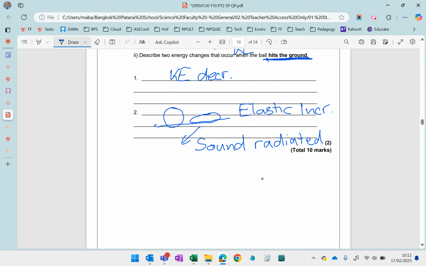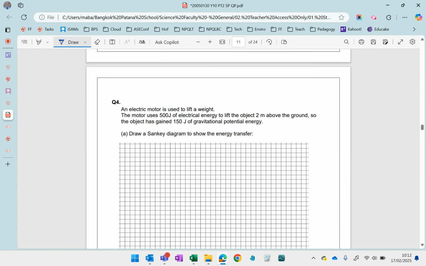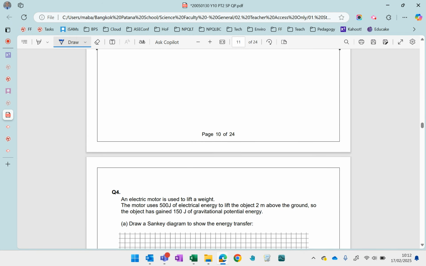At the end of a game of squash, the ball is very warm. Why? Because it's constantly being squashed and stretching back to its original shape. So that means that the thermal store of the ball will also increase. And that's the end of question 3.